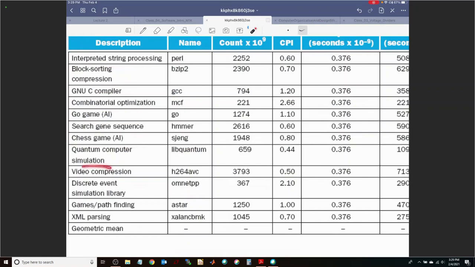What else? Video compression, a very complicated quantum computing simulation. So a variety of programs, and the goal is to get a diverse group of programs.